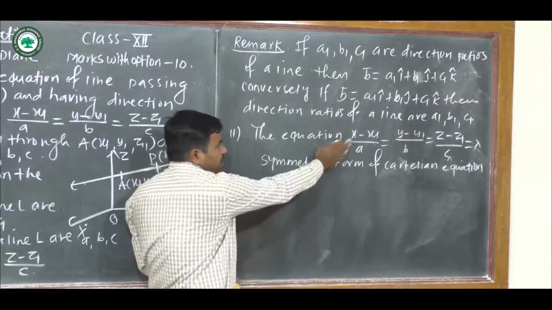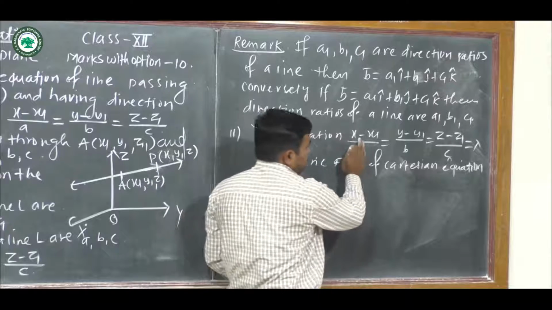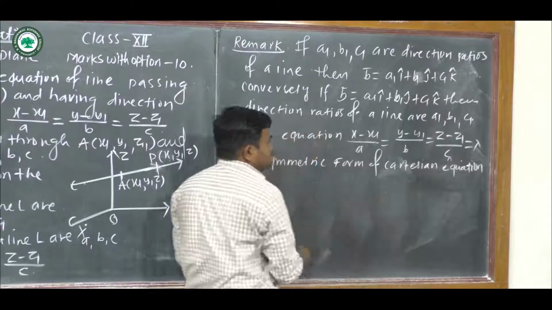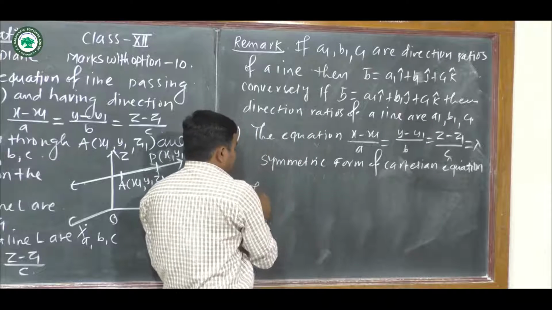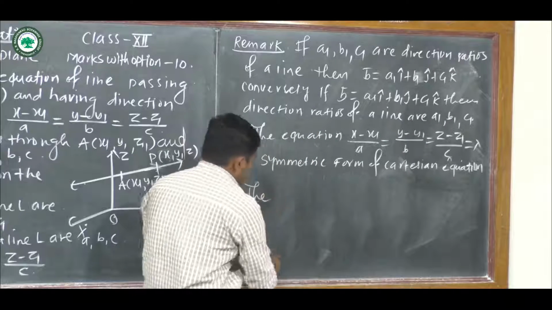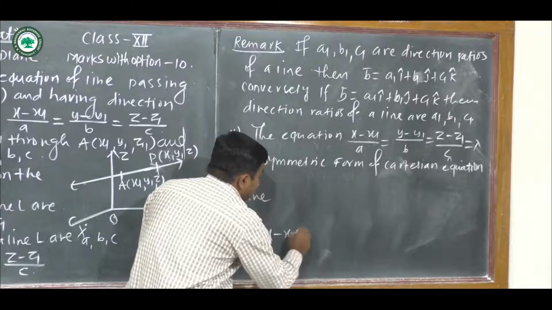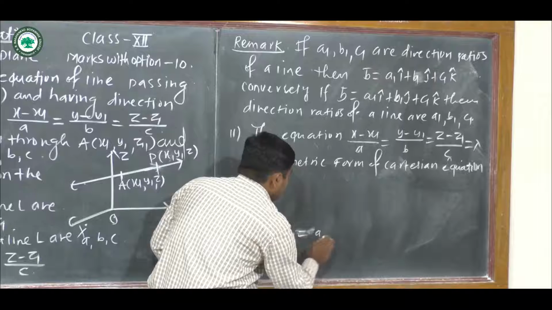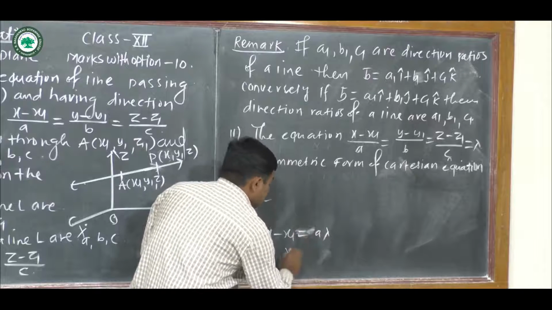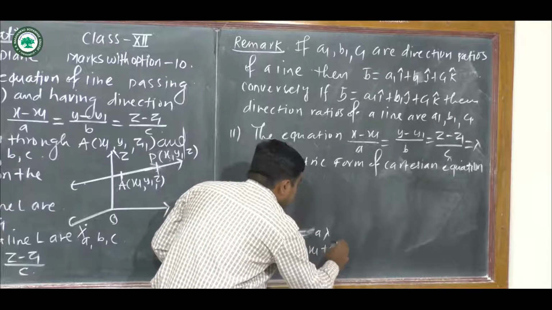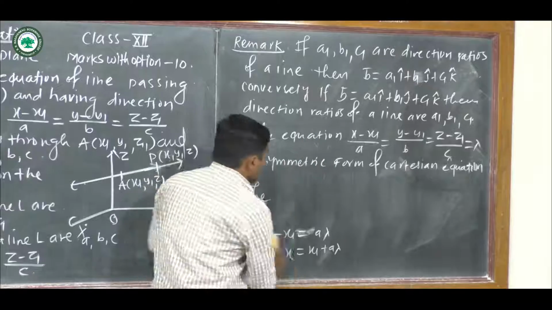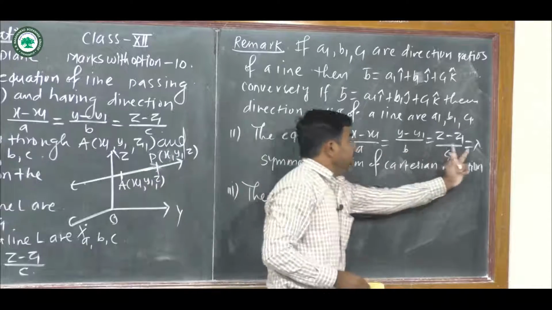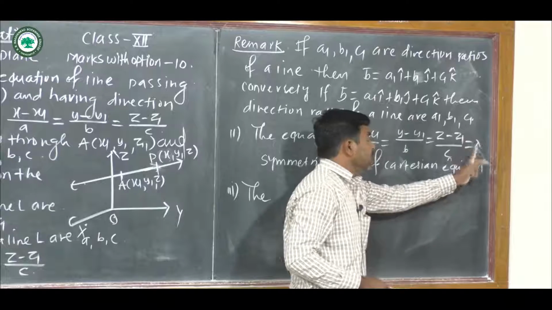See, from this equation, if we compare first and last term, so x minus x1 is equal to a lambda. So shift this minus x1, so x is equal to x1 plus a lambda. Similarly, y is equal to y1 plus b lambda. And if we compare the last two, then z is equal to z1 plus c lambda.